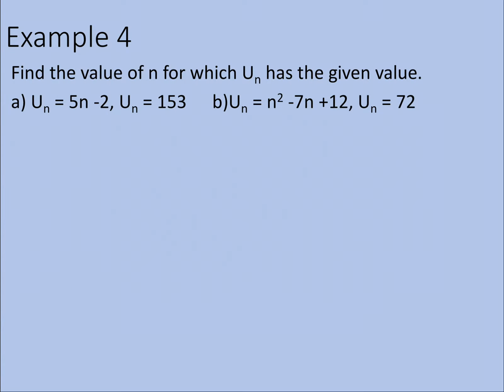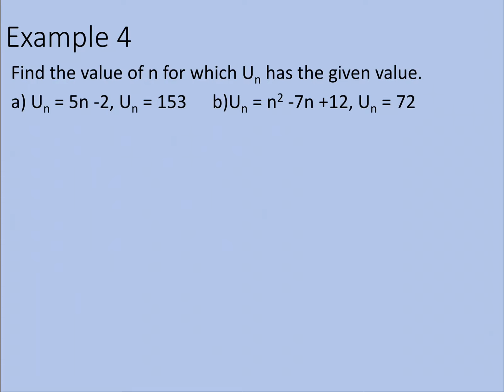Okay, example 4. Find the value of n for which un has the given value. So in this case, we've got un is 5n minus 2, and we're looking for a value of 153. So it's a bit like saying which number in the sequence will have the value 153.